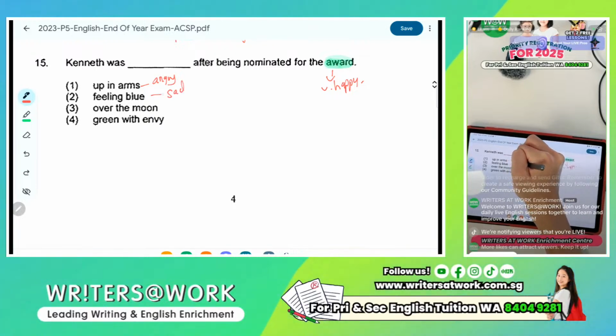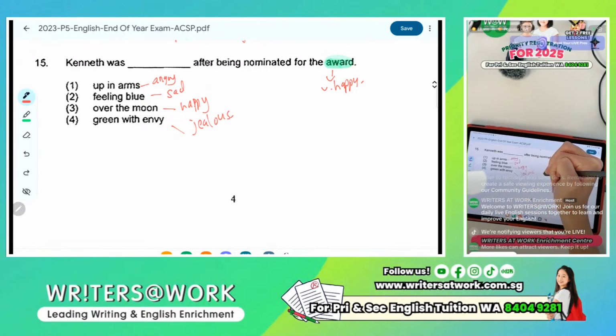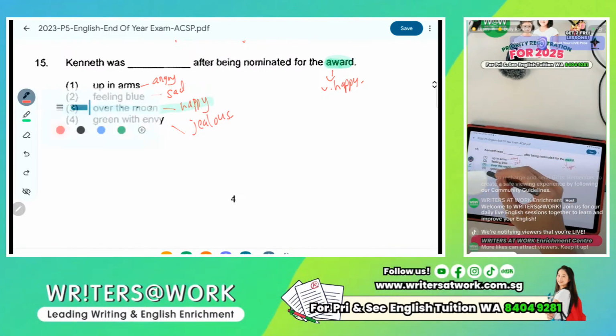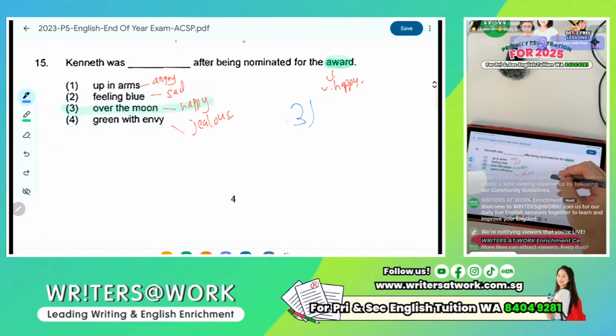Feeling blue means sad. Over the moon means happy. While green with envy means that you are jealous. So for this question, I think it is very clear cut to everybody that my option would be number 3 because you are very happy to have won that award. Okay?